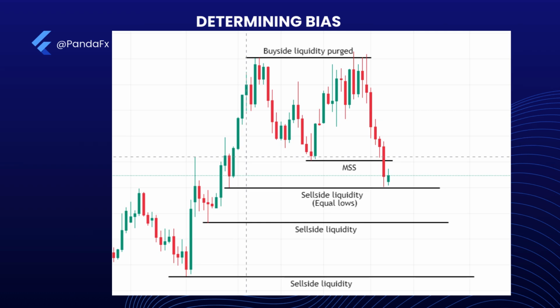I told you in the previous video, when we have an uptrend, the lows are always going to get protected while the highs will get violated. That means you'll be forming higher lows and higher highs, leading up to that buy side liquidity.